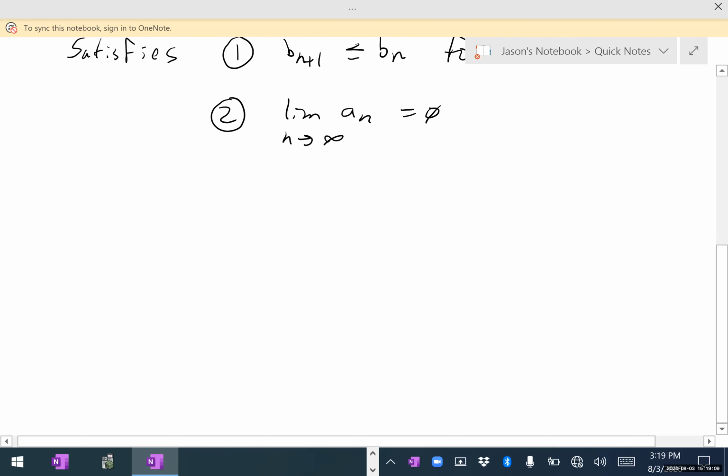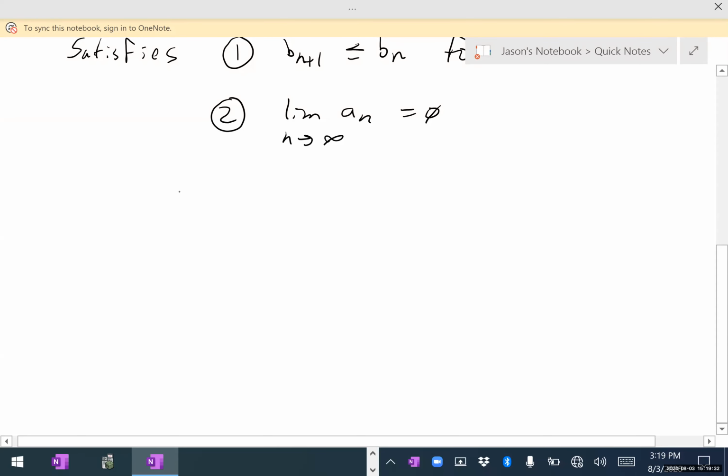Now that's not true for all cases. This is only true if they oscillate back and forth. Let me explain why this is convergent; we'll do an example here in a second.